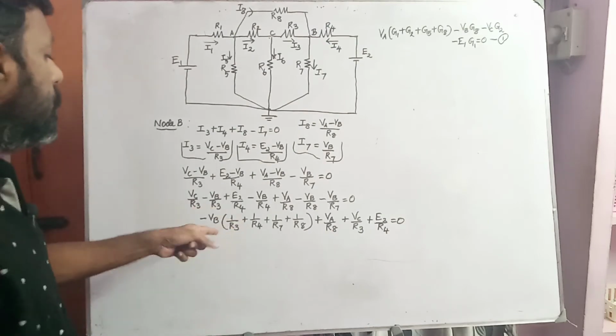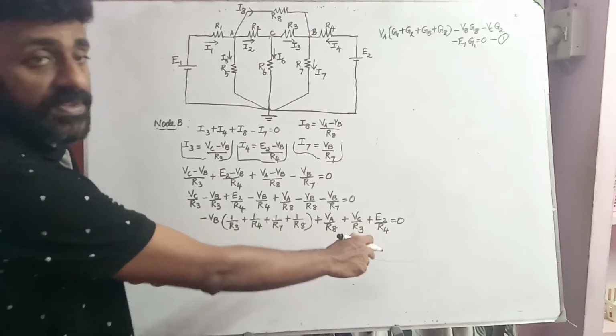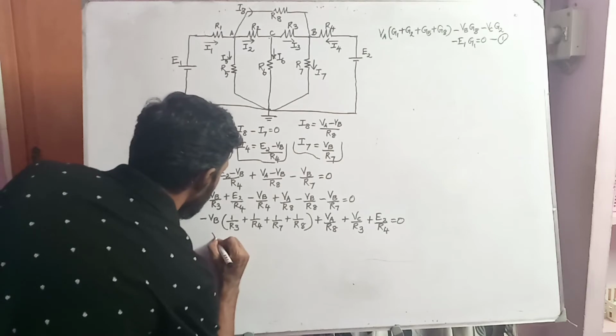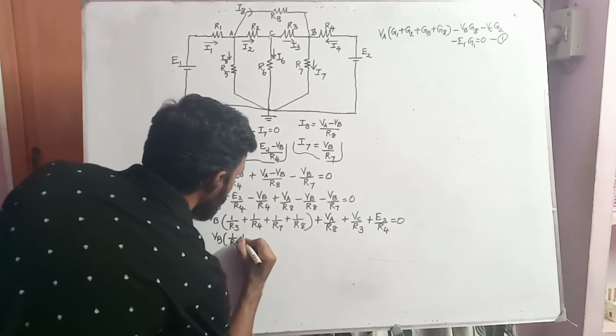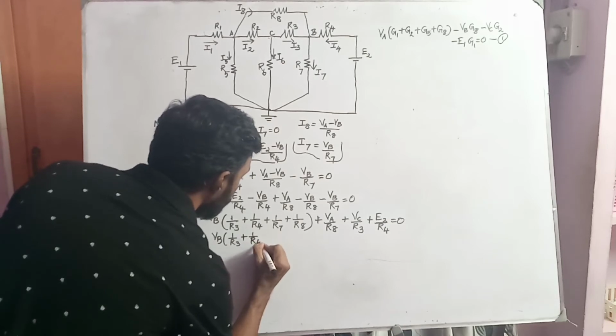So what I'm going to do is change the signs here. If I change the sign, it will be VB into 1 by R3 plus 1 by R4 plus 1 by R7 plus 1 by R8.